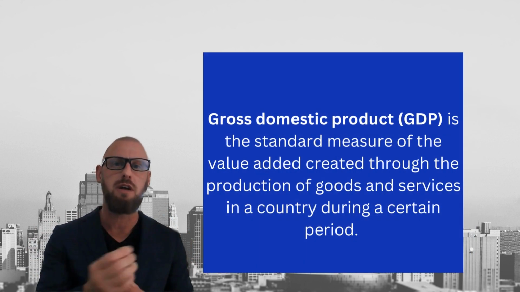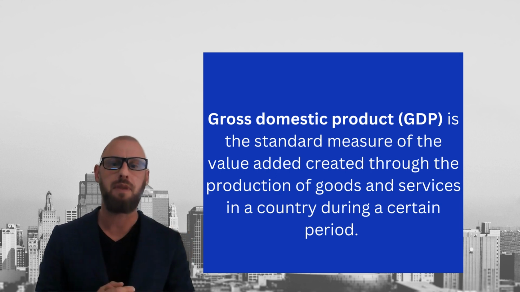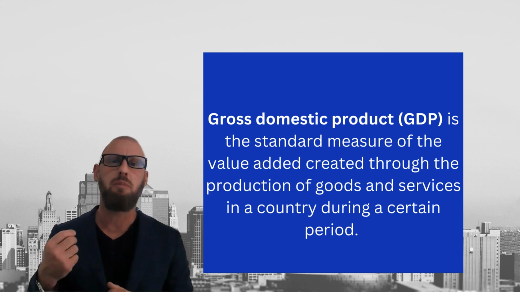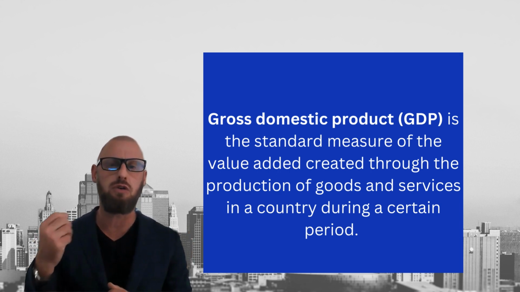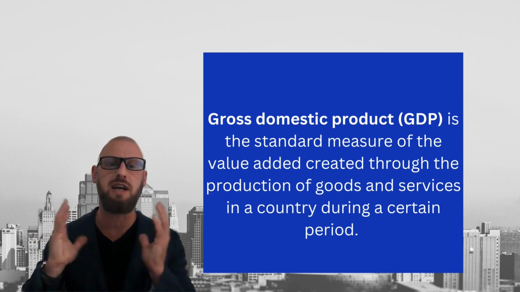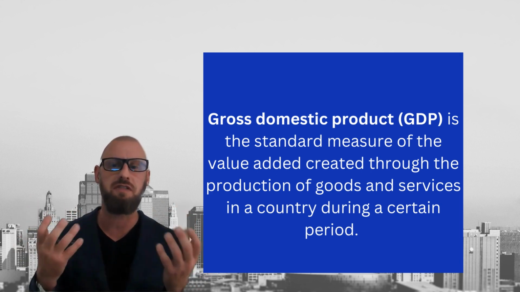One of the most important and commonly referred to metrics in macroeconomics is gross domestic product, GDP. GDP measures the total value of all goods and services produced within a country's border over a specific period of time. It's an important indicator of economic growth and can help policymakers identify areas of the economy that need more attention.